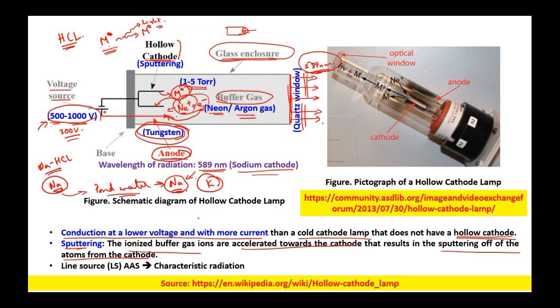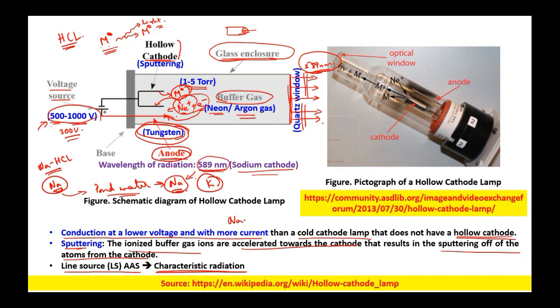Now, the line source in AAS, why is it used? It is used because we get the characteristic radiations. For example, as I told you, for sodium ions, we need radiation at 589 nanometer.